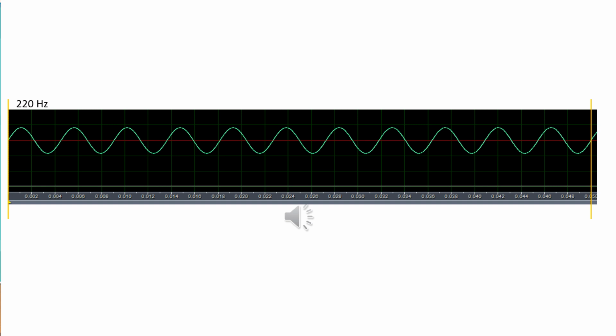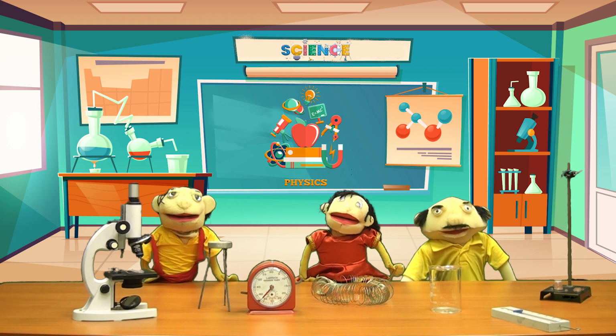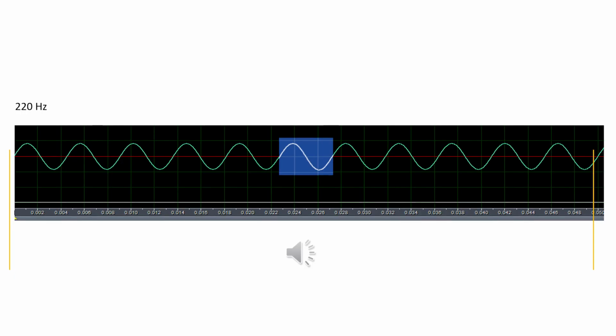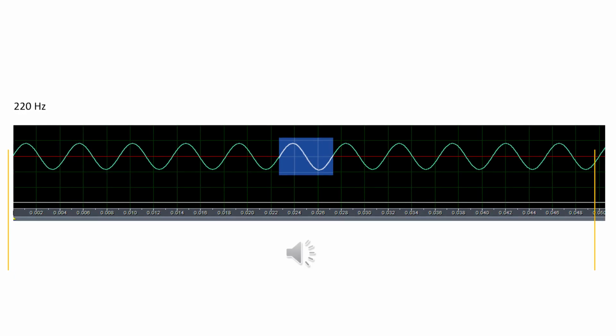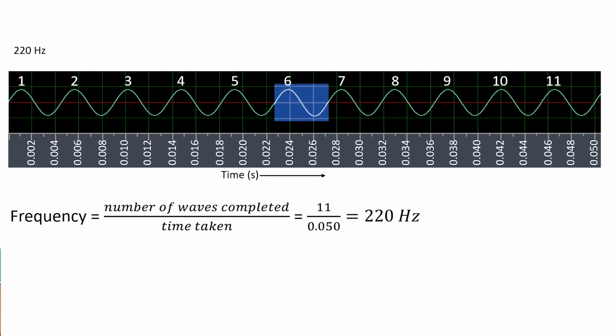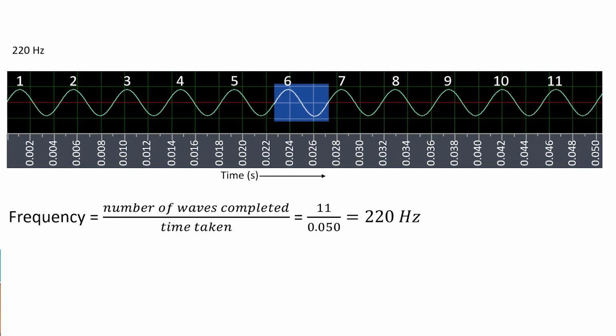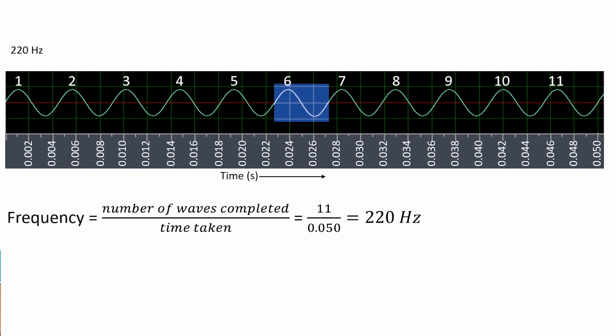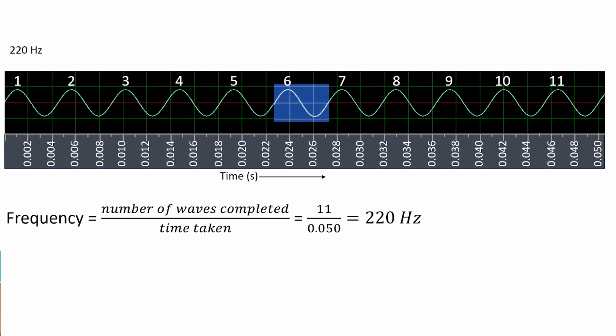Let us listen to the pure note of frequency 220 Hertz. The highlighted portion shows one wave. We can calculate the frequency from the wave pattern also. There are 11 waves, as I said, completed in 0.050 seconds.